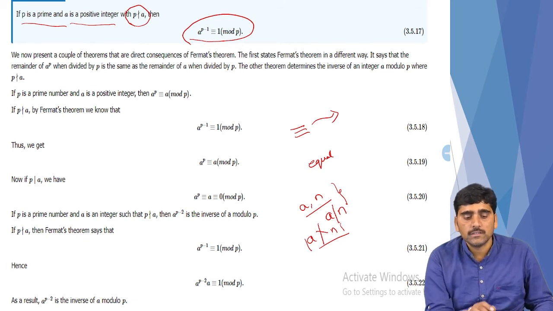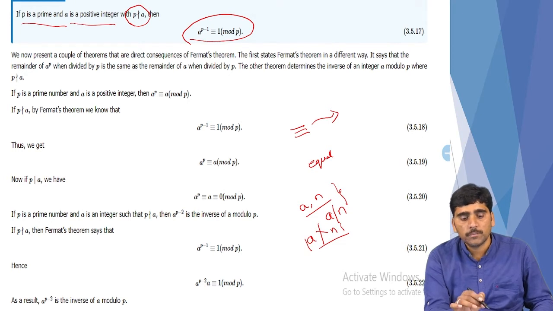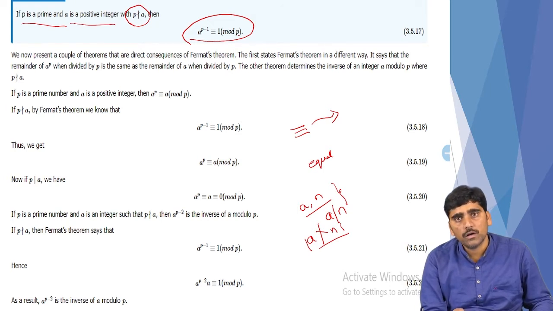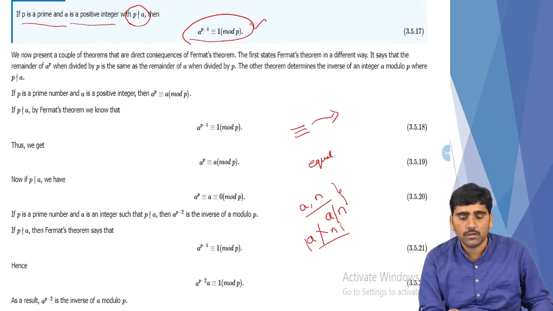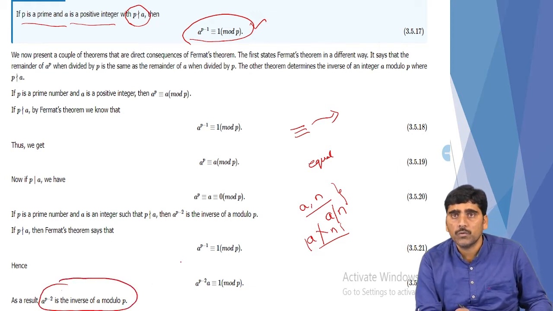If p is a prime and a is a positive integer with p not dividing a, then a^(p-1) is congruent to 1 mod p. You need to satisfy this. You can also recall that this theorem shows that a^(p-2) is the inverse of a modulo p.